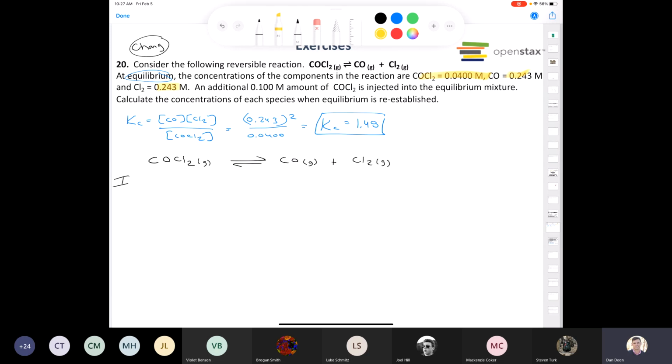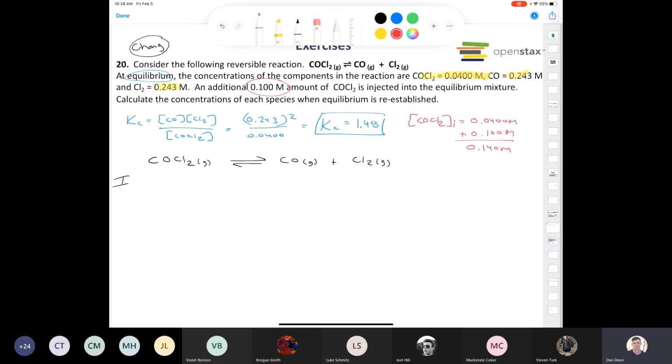But then it's saying, okay, everything's perfectly still, and you throw in an extra 0.1 molar of phosgene, the COCl2. And so that means the initial concentration of the COCl2 is actually equal to 0.0400 molar plus 0.100 molar. So that gives you 0.140 molar.